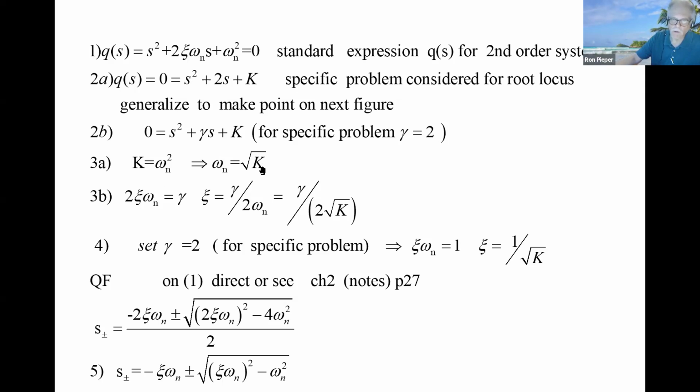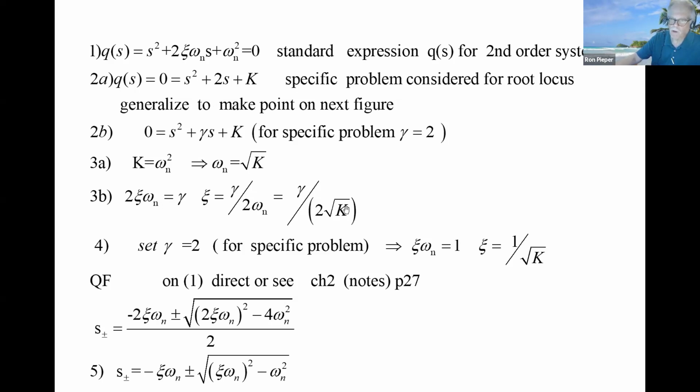We would also argue that in comparing these two, the coefficient of the first order S would be the same as gamma. So if we set those equal and solve for the damping ratio, and then put in the square root of K for the natural frequency, it would give us this.